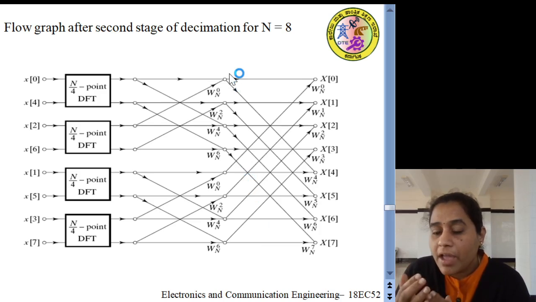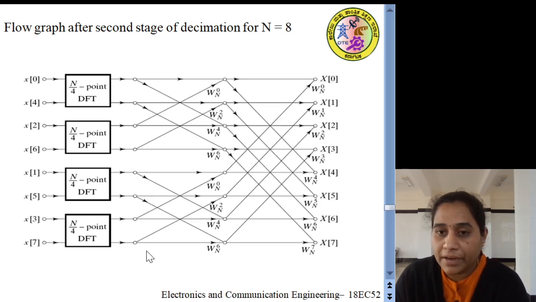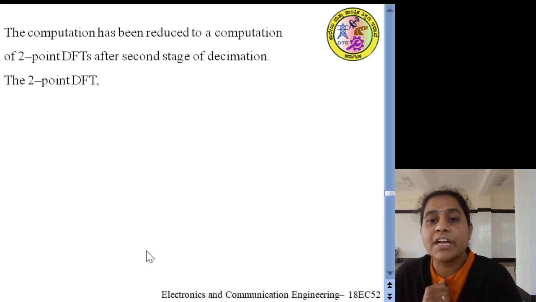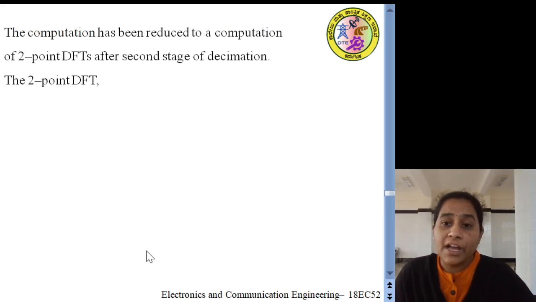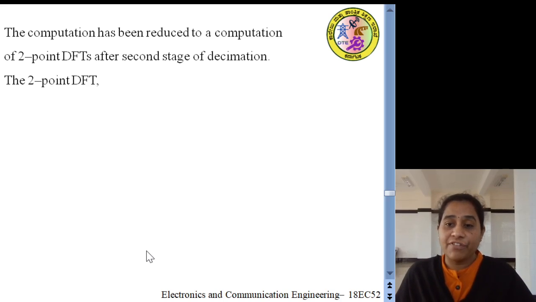Now we are dividing this g of k as well as h of k into 2, that is a of 0 to a of 1, and b of 0 to b of 1, as well as c of 0 to c of 1, and d of 0 to d of 1. So the computation has been reduced to a computation of 2-point DFTs after the second stage of decimation.